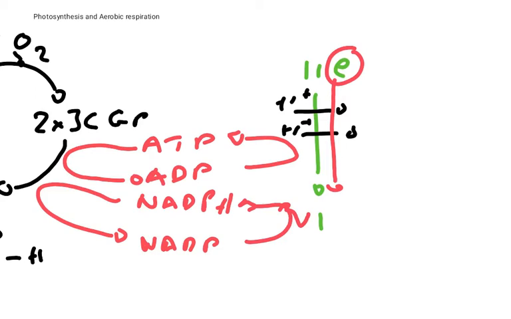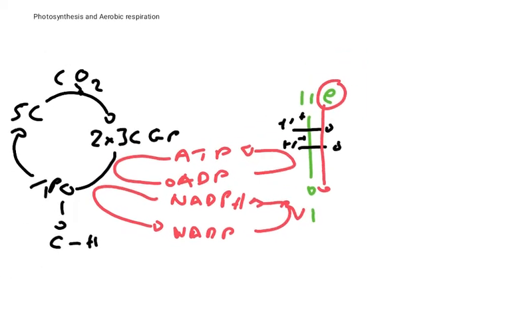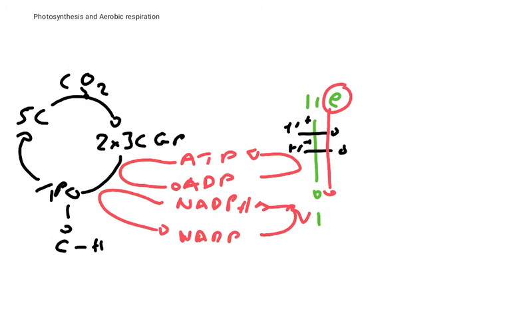Now this leaves us a problem in that photosystem 2 is now missing a couple of electrons. So the process here is called photolysis. And lysis means to split, and photo is with light.